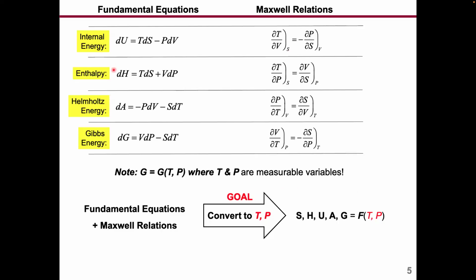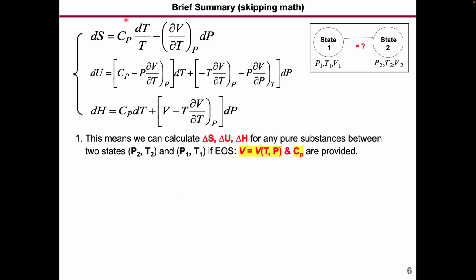If you go through the fundamental equation plus Maxwell relations and do some math, eventually you get this: dS is going to be Cp dT divided by T, minus (∂V/∂T) holding pressure constant, dP. This is your dS. You can see S is now converted to T and P variables.